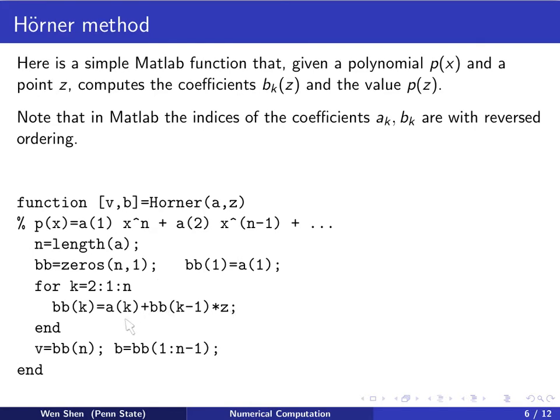And after finishing the for loop, we extract the value of the polynomial, which will be in the last entry of the vector bb, and the coefficients for b would be the first n minus 1 entries in this vector bb.